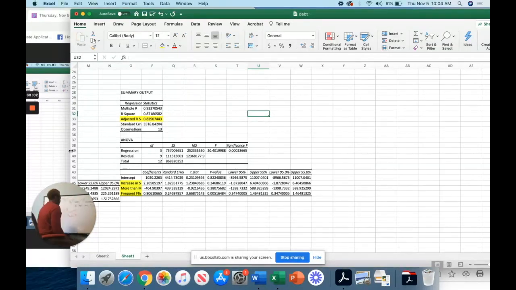Then you have the other one by itself. Now H0: minimum equals 0, H1: minimum not equal to 0.